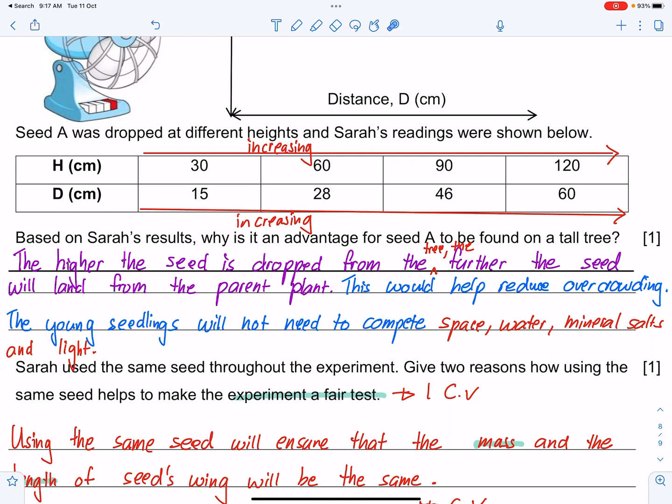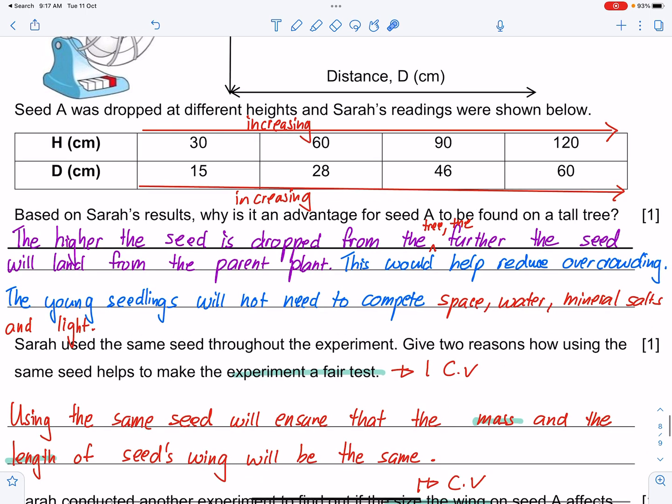That's one. Okay? Then after that, this is extremely pertinent, very important. This is something that many of you tend to lack. You don't bother to say the second part. Okay? Because they say, why is it an advantage?